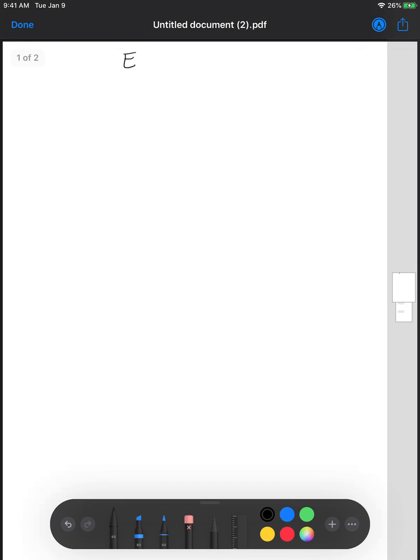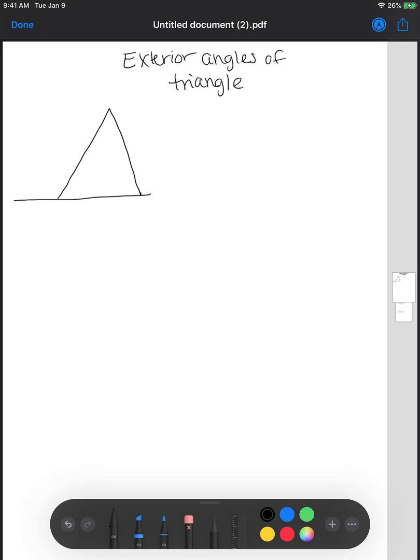All right, so we just talked about interior angles of a triangle. And now we're going to talk about exterior angles of a triangle. Okay, so we have a triangle, and we have a line that comes out this way.